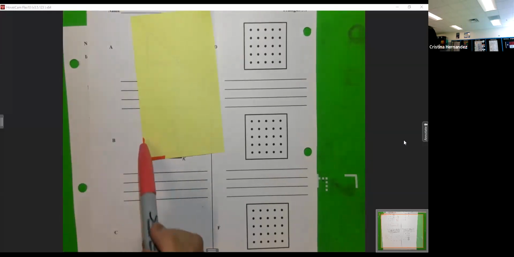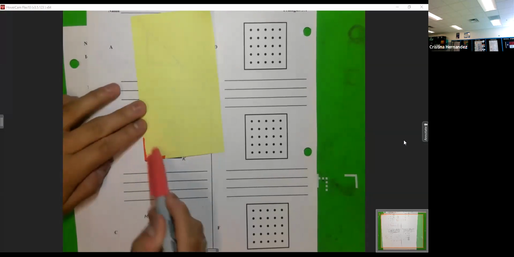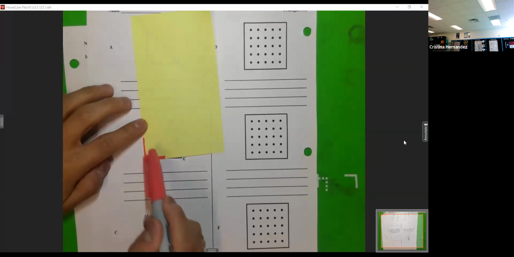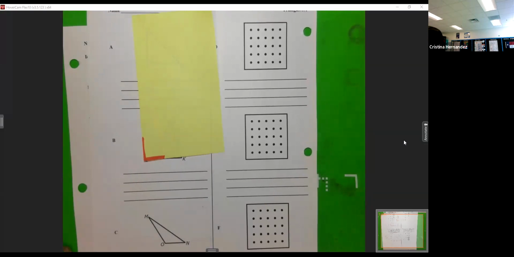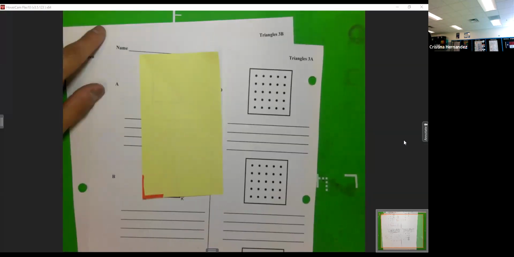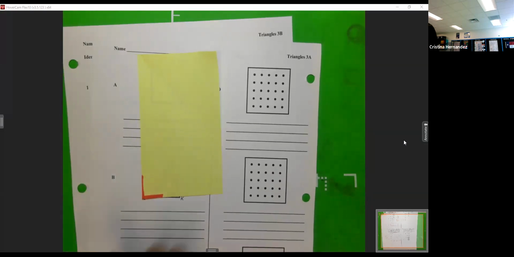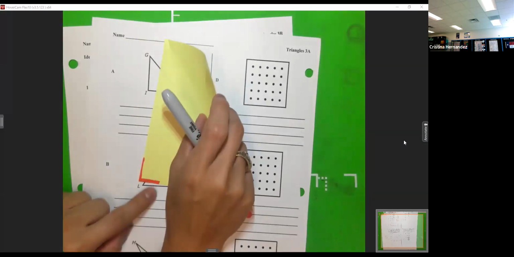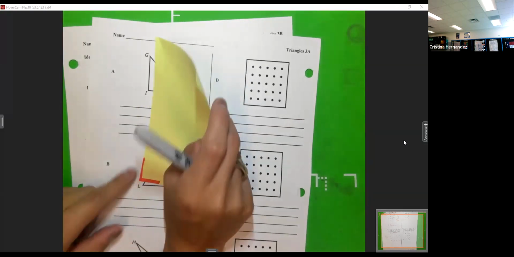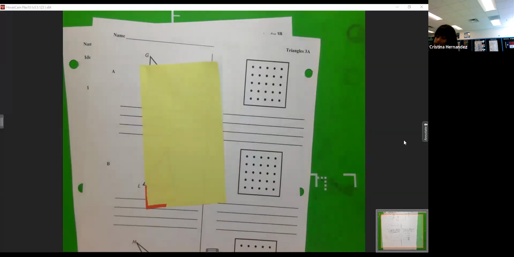So, remember, the corner of any paper you have is 90 degrees. An acute angle is going to be anything in between these two pink lines here. Anything in between those two pink lines is going to be an acute angle. And if it's outside of these two pink lines, either way, it's going to be what type of angle? Acute or obtuse?